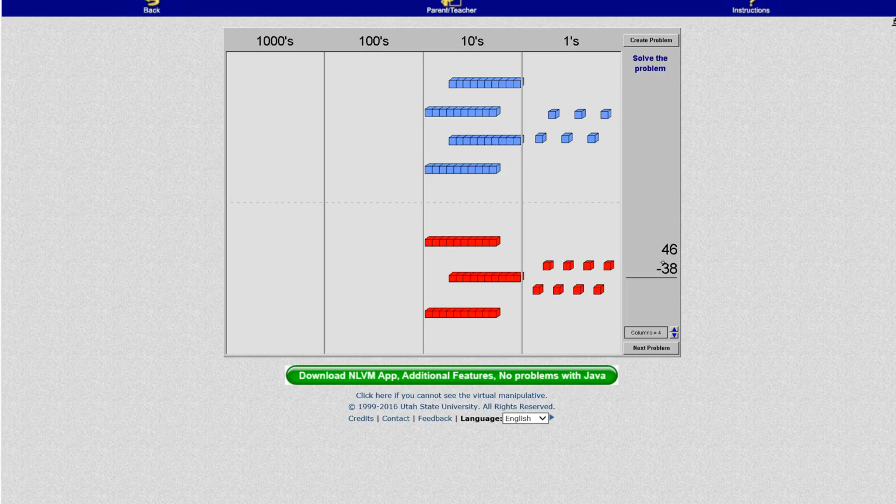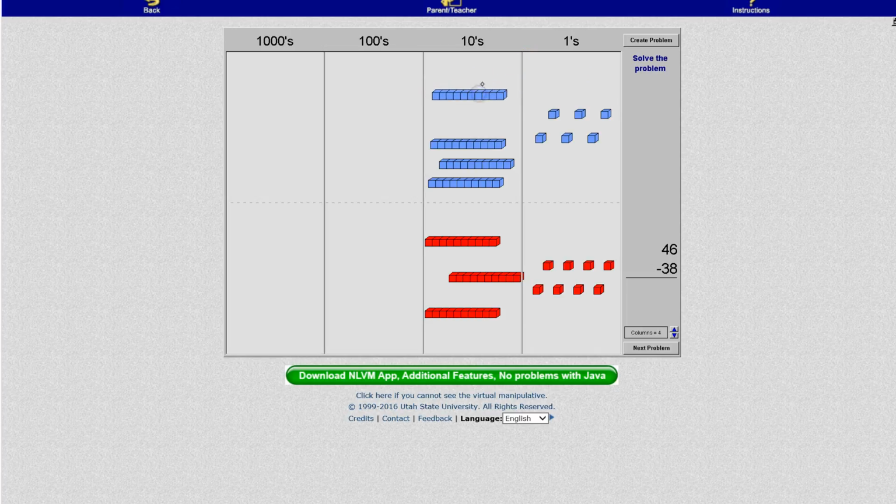But the idea here is that we have blue and red ones that need to cancel out, and your goal is to get rid of all of the red. So if you wanted to use a takeaway model for this, you'd start with 46 and say, hey, take away 38. So I can't move these, sorry. And then you'd have them take away these 30, they'd take away 6, they'd have to break up the 10 to have 8 to take away.